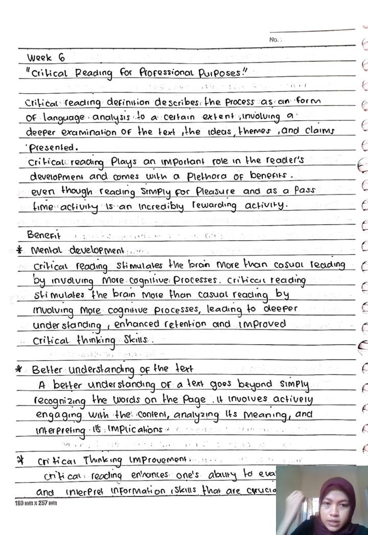So the first benefit is mental development. Critical reading stimulates the brain more than casual reading by involving more cognitive processes, leading to deeper understanding, enhanced retention, and improved critical thinking skills.